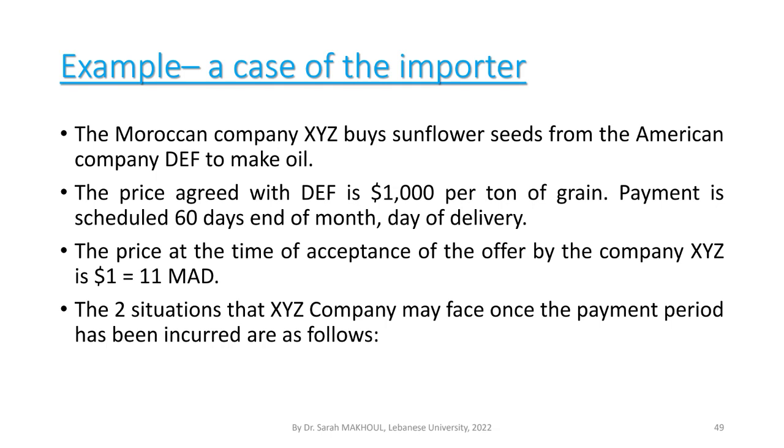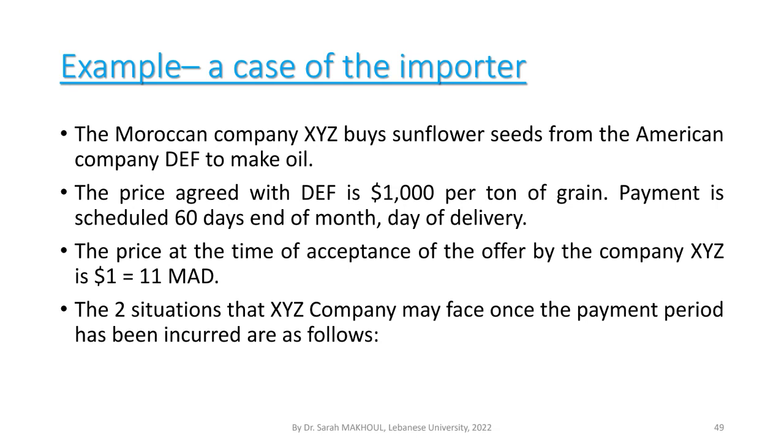They deal with Moroccan dirhams and are under a fixed exchange rate policy. They will be importing sunflower seeds from the American company. The price agreed with the American company is $1,000 per ton of seeds. The payment is scheduled 60 days, end of the month, after the delivery day of the seeds.